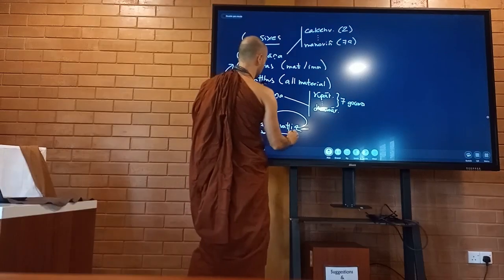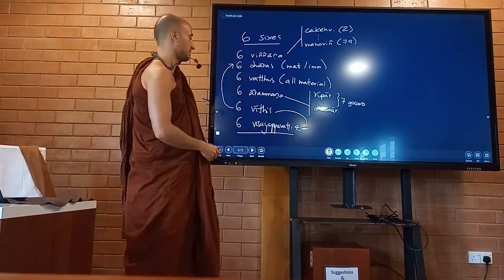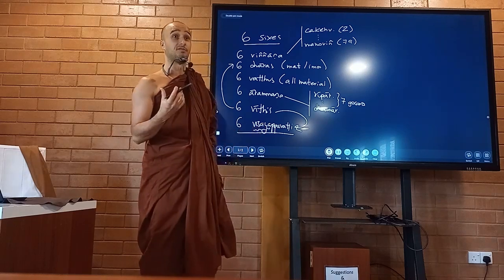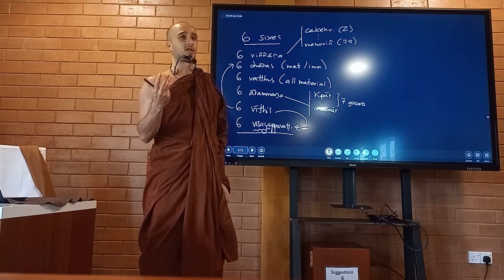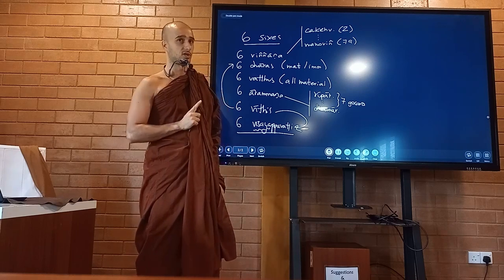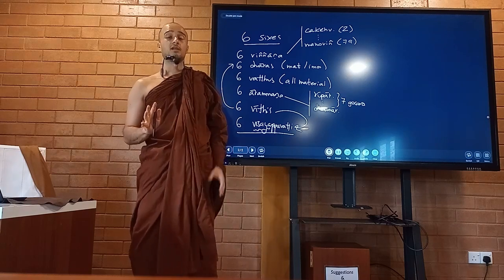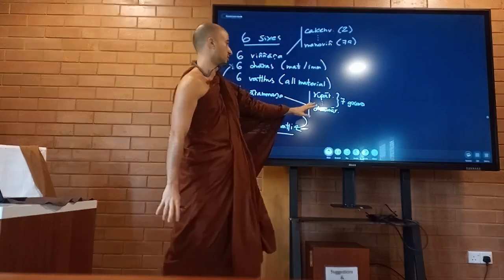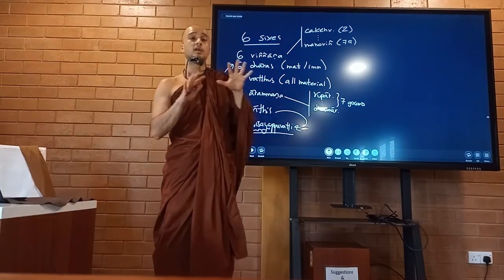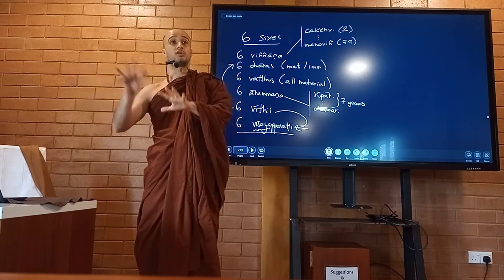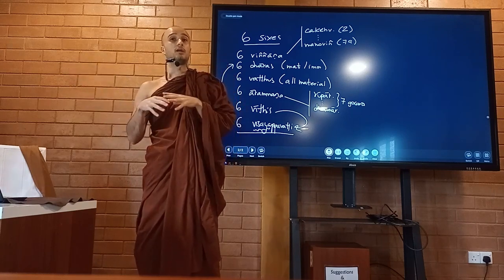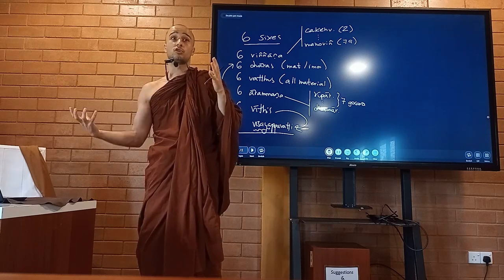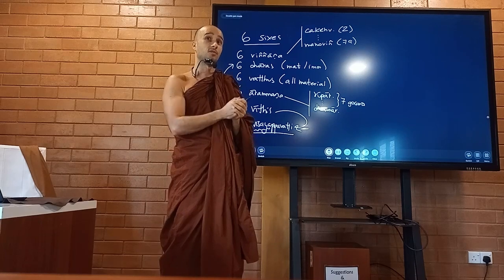Okay, what are the 6 Visayapavati? Visaya is like an object, right? Visaya is like an objective field, you could say in English, or an object. So the object of consciousness. We have already studied the objects, but they appear to consciousness in different ways. They are manifest in different ways, or consciousness experiences them in different ways.